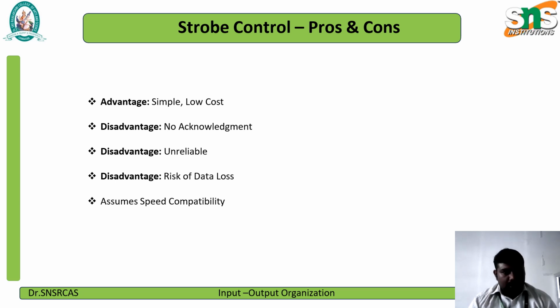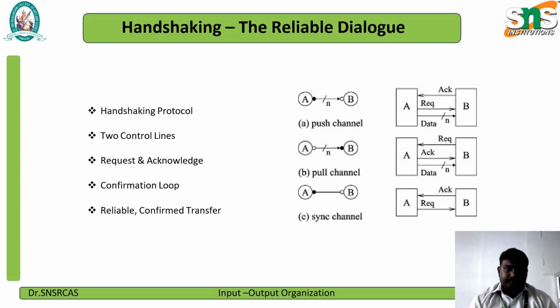As I already told you, the advantages are that it is simple and low cost, and the disadvantage is no acknowledgement. So we know how it works, but whether it is correct or not, we cannot know, because there is no acknowledgement.